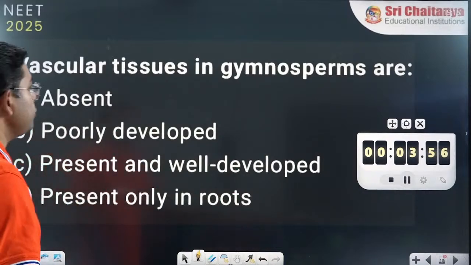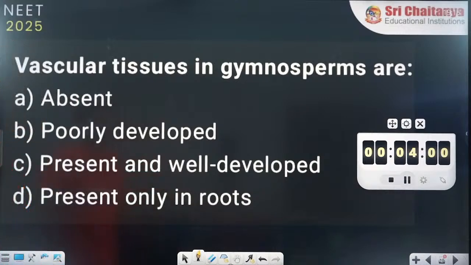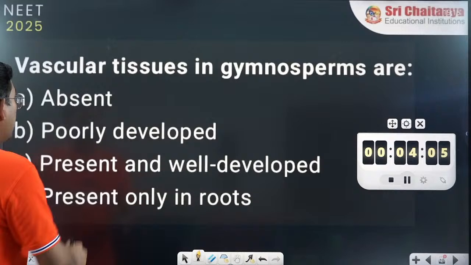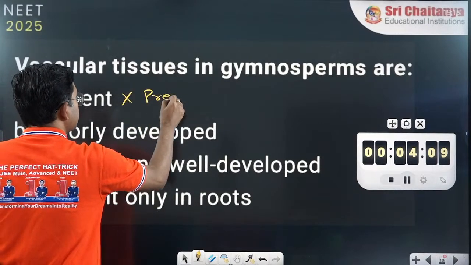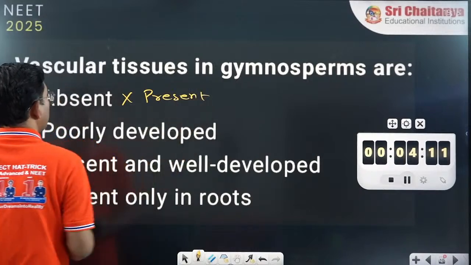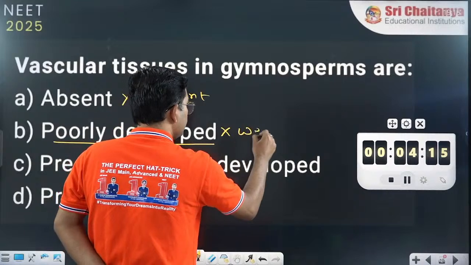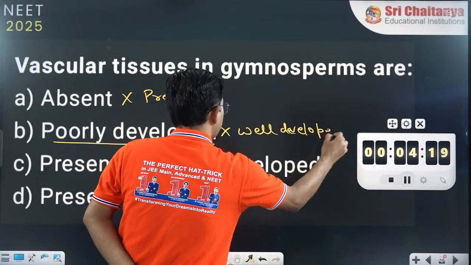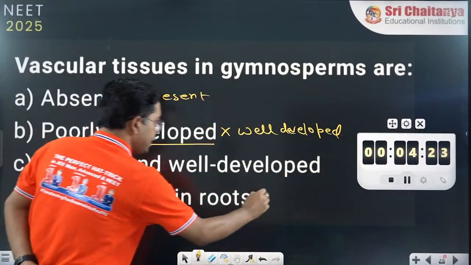Vascular tissue in gymnosperm are... absent? No, vascular tissue is present. Poorly developed? No, they are well developed. Present only in root?